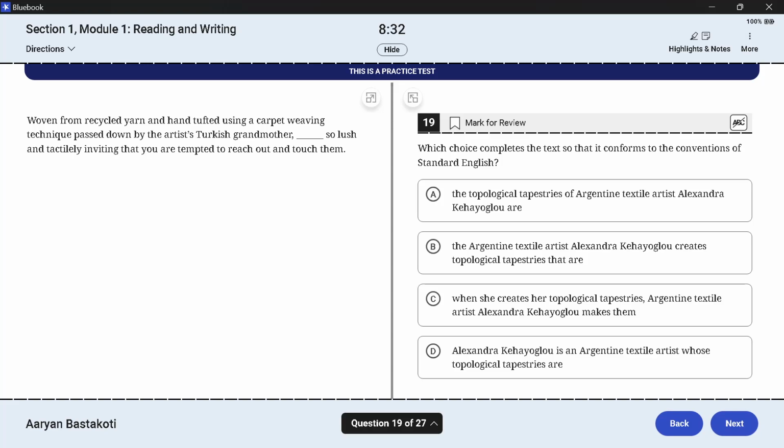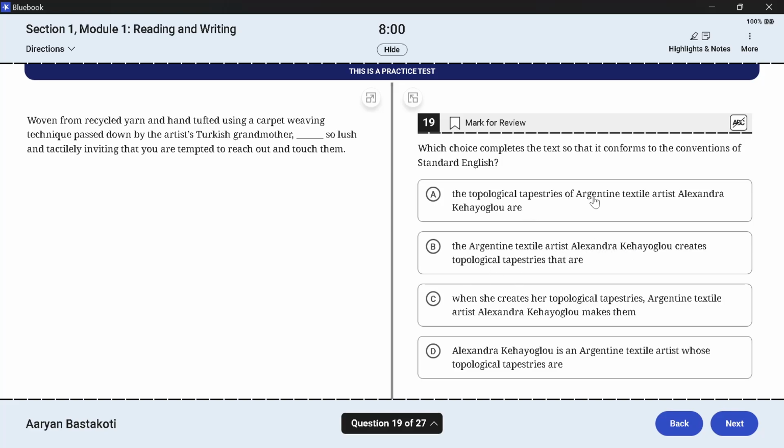Woven from recycled yarn and hand tufted using carpet weaving technique passed down by the artist's Turkish grandmother, so soft and tactilely inviting that you are tempted to reach out and touch them. Woven from recycled yarn and hand tufted using carpet weaving technique, okay, something that needs to be woven. It's definitely the Argentine textile artist? No, the artist cannot be woven.